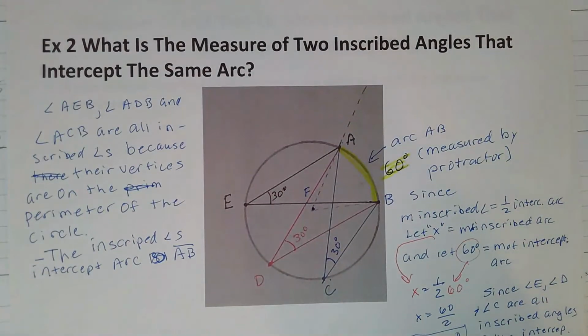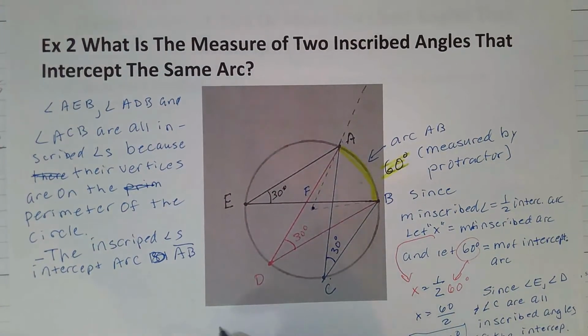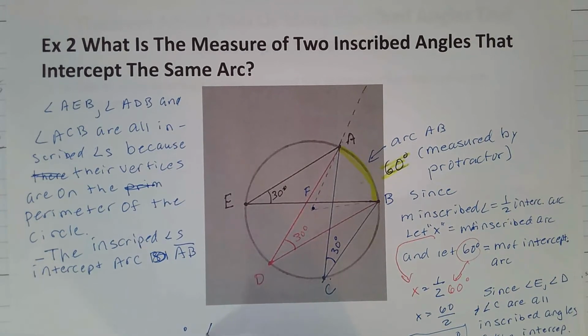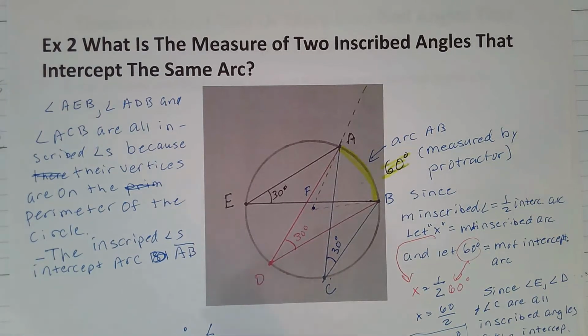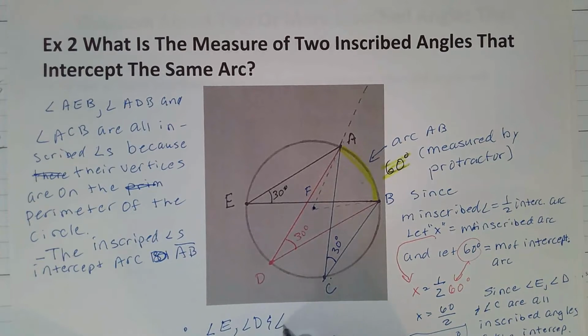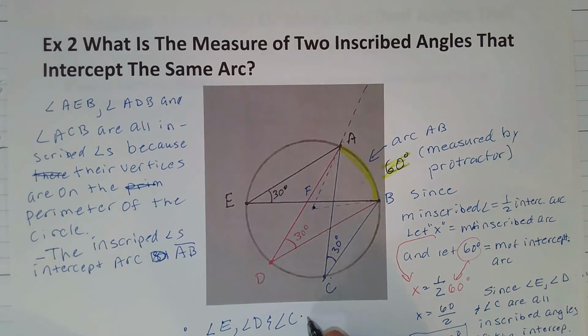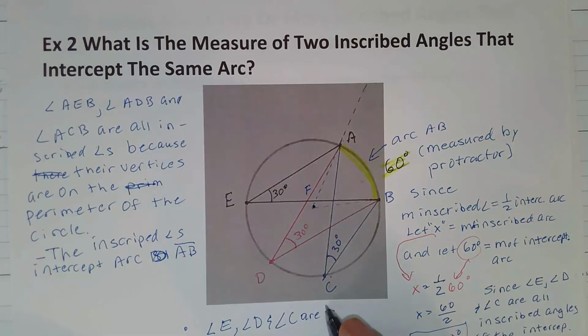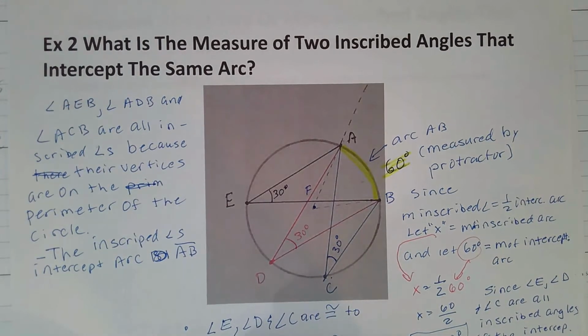So we can make the final conclusion, therefore, angle E, angle D, and angle C are congruent to each other.